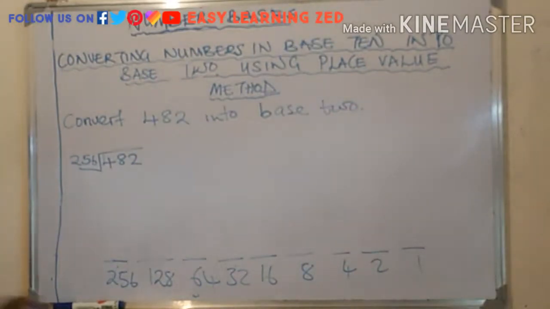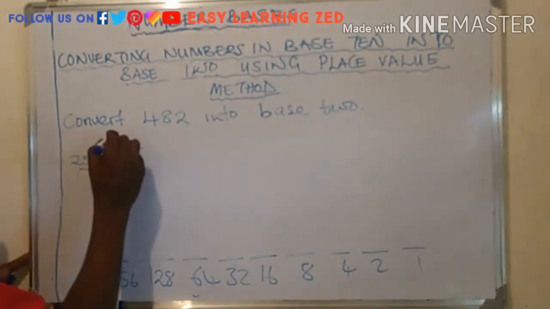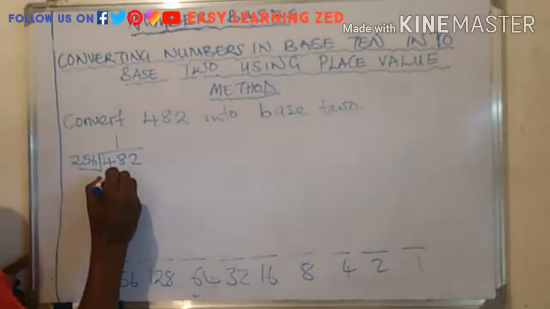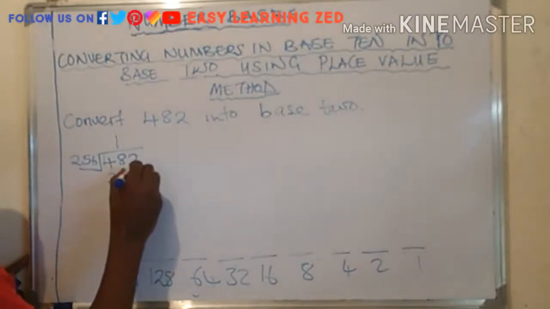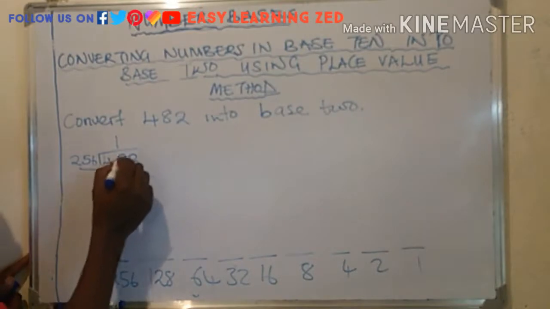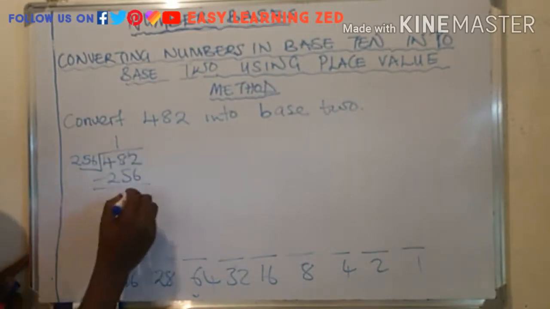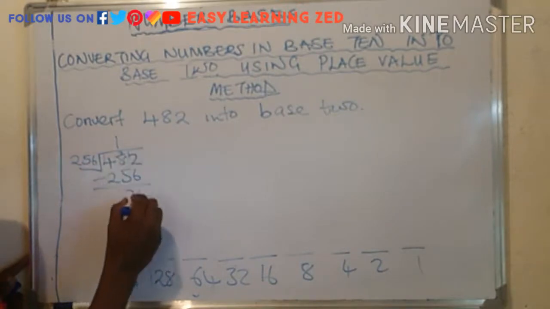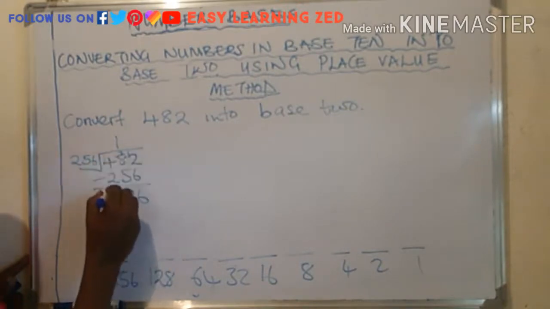How many times can it go into this? I presume 1. 1 times 256 is 256. Then we subtract. We borrow 1 here, it becomes 12, so it's going to be 6. Here we remain with 7, and then it's going to be 2, and here it's going to be 2.